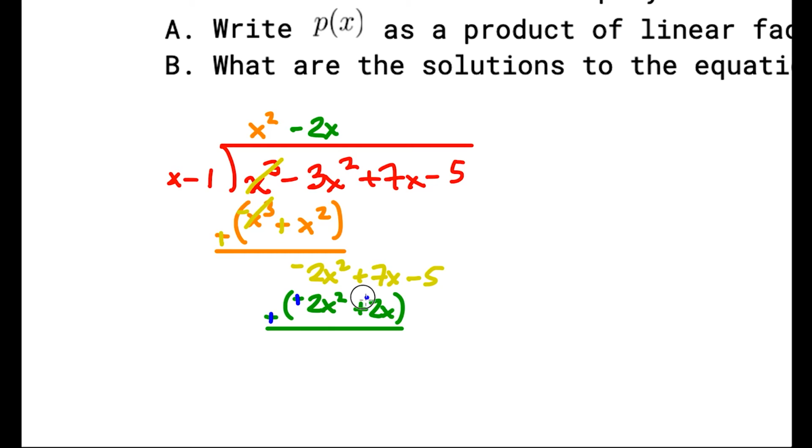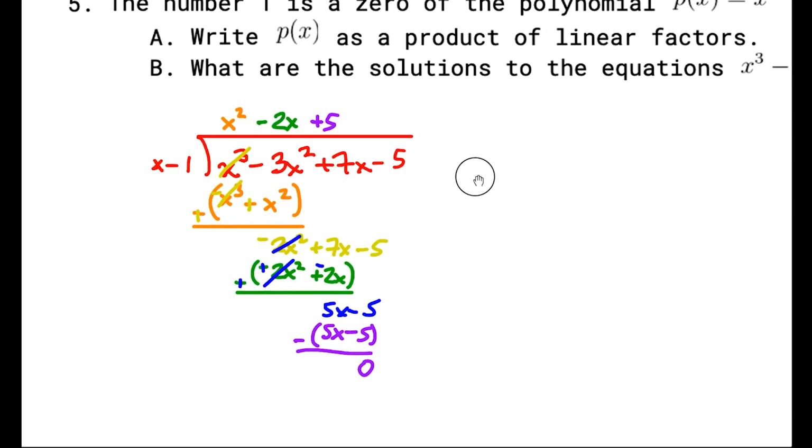Okay, this is going to all change the sign here. This is going to cancel, and you're left with 5x minus 5. And then this is going to be a 5 up here, and then the 5x minus 5 is all going to cancel, and you'll have no remainder. Okay, so that's the other factor there.